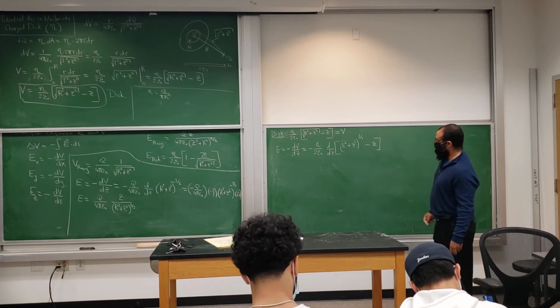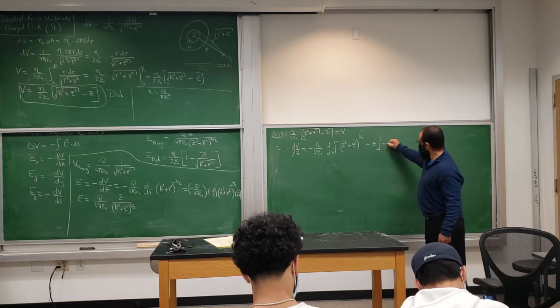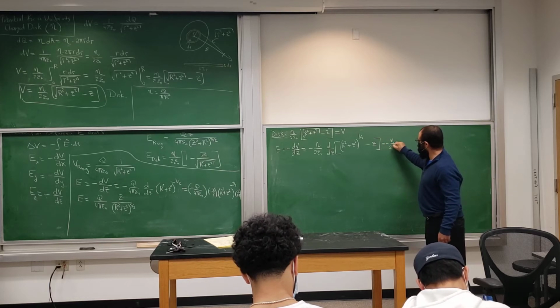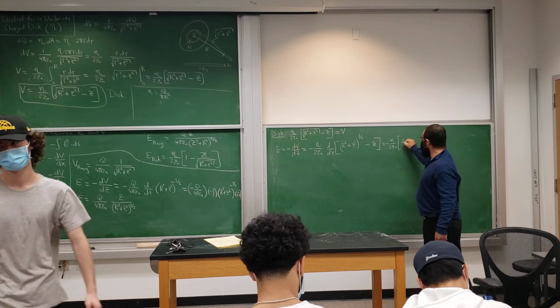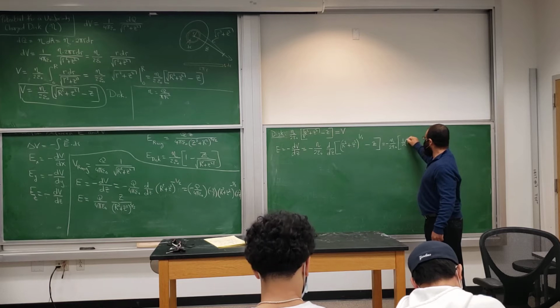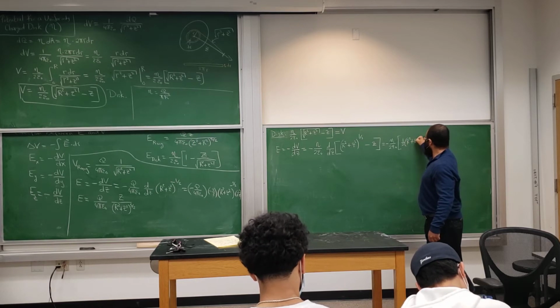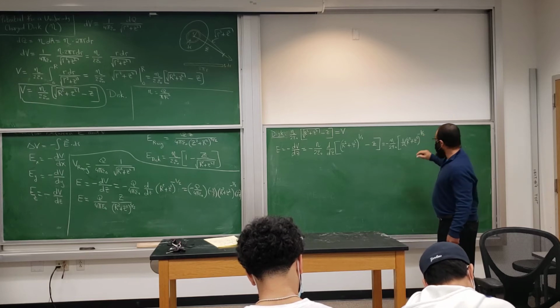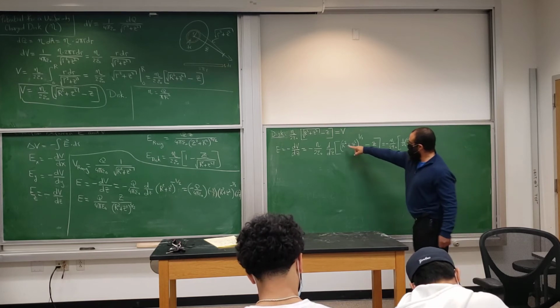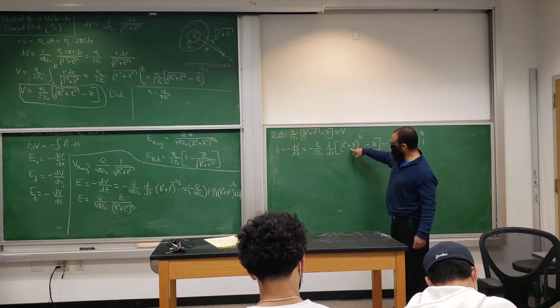So as you take this derivative, you will get minus eta over 2 epsilon naught. And then the derivative, the 1/2 comes down, right? We have the 1/2, and then R squared plus Z squared to the power minus 1/2. You have to subtract 1, and then times the derivative of the inside with respect to Z, so you get 2Z.